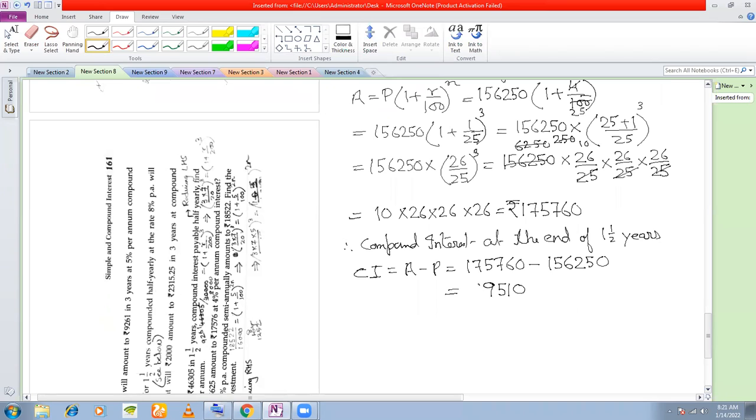So 19,510. This is the compound interest that you are getting.